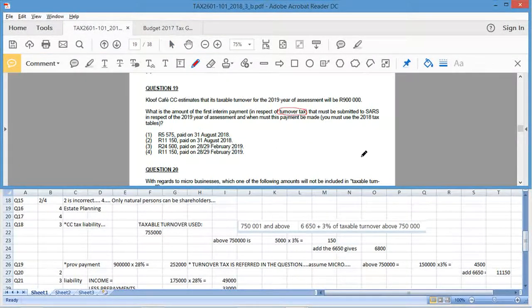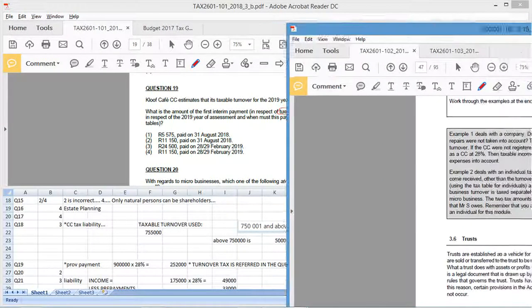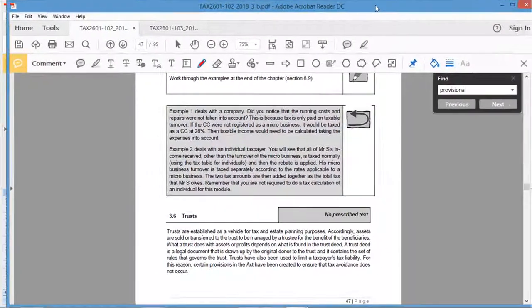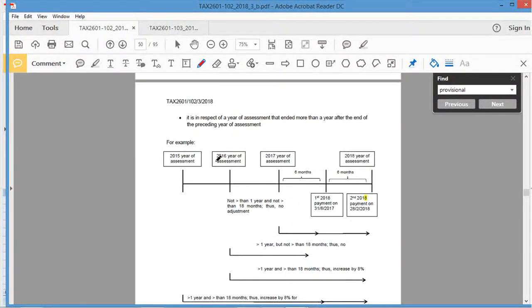11,150. Right, and because this is the first interim payment, remember the first interim payment is going to be made 6 months within the year. So maybe just to show you that theory in the actual study guide, in chapter 3 you will see they give you an example of when the interim payment is going to be made. Looking at the interim payments for a provisional tax income payment, the first payment is going to be made on the 31st of the 8th, 2017.